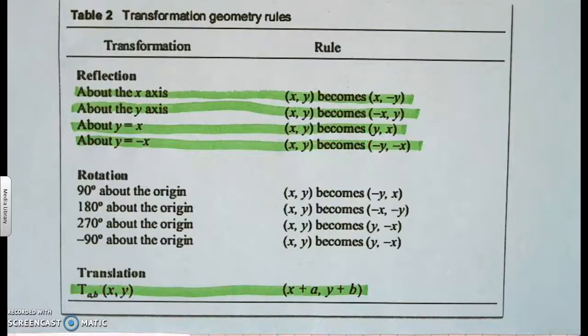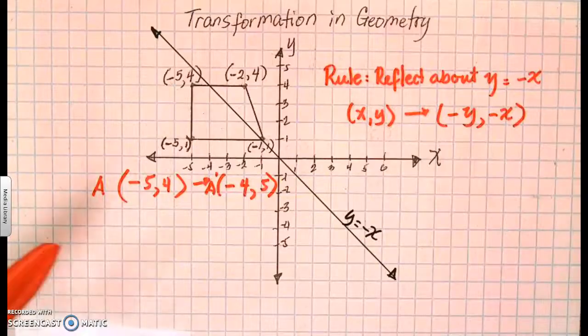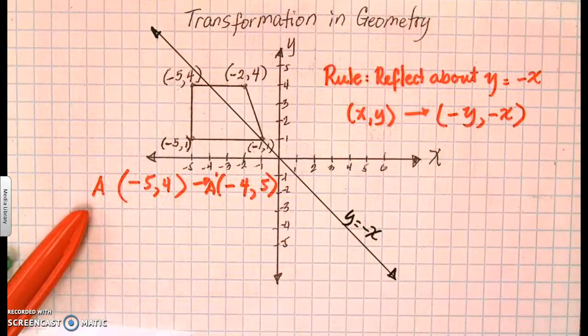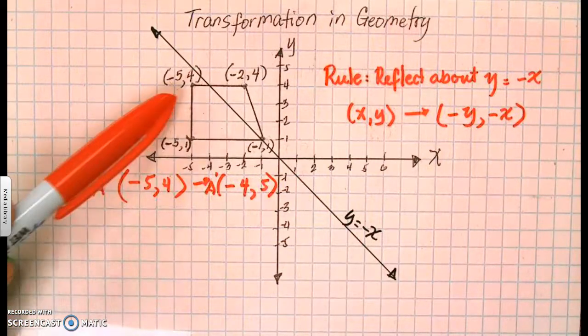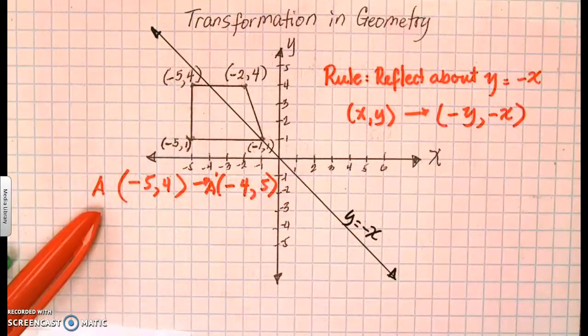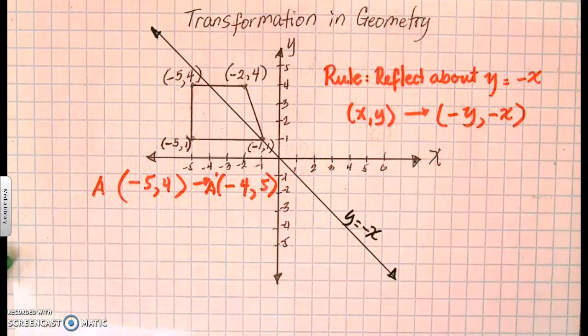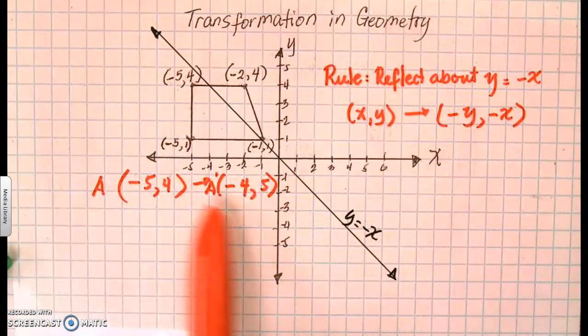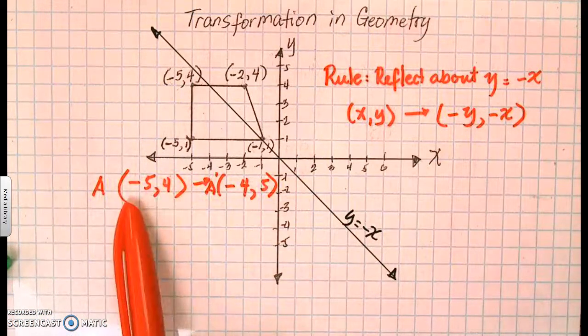Our next type and the last type of reflection that we're going to discuss is the reflection about the y equals negative x line. Now we will have to do this one by one. So our A prime, based off of our formula, is going to flip and the signs will change.